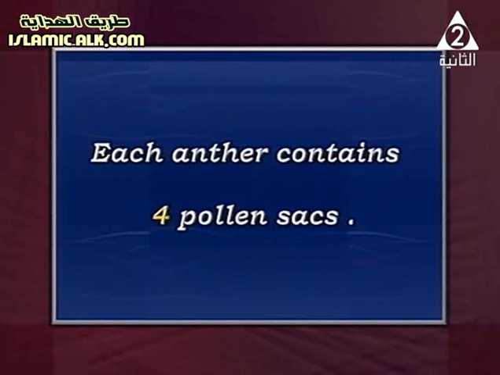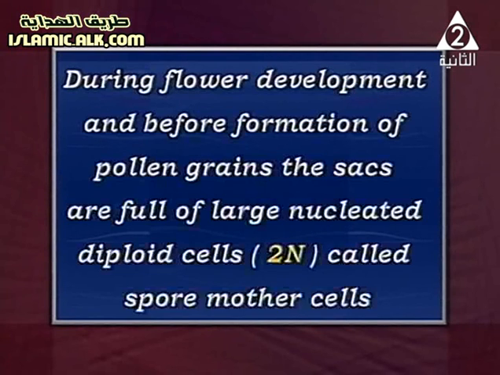During flower development and before the formation of pollen grains, those pollen sacs, or pollen chambers, are absolutely full of a large number of nucleated diploid cells.